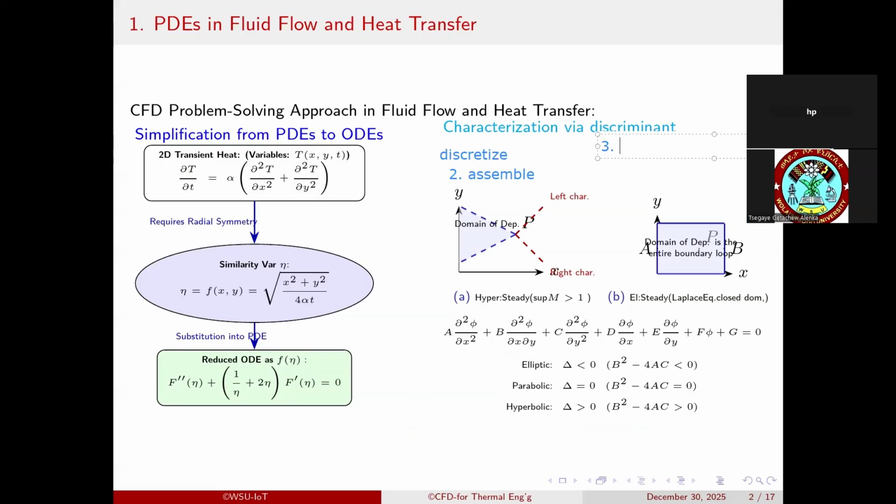Consider the general form of the second order governing equation for a dependent variable phi of x and y. It is the sum of the highest second order partial differential terms, then first and then zeroth order partial differentials, with coefficients A, B, C, D, E, F, and G that might be functions of x and y.